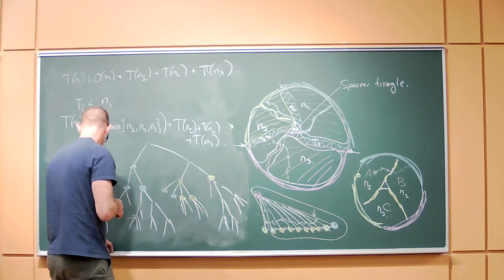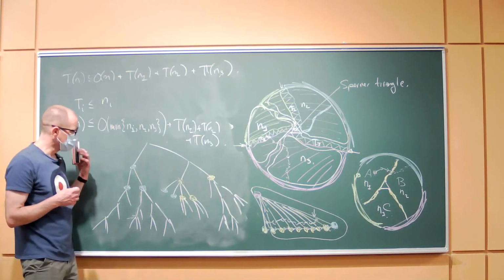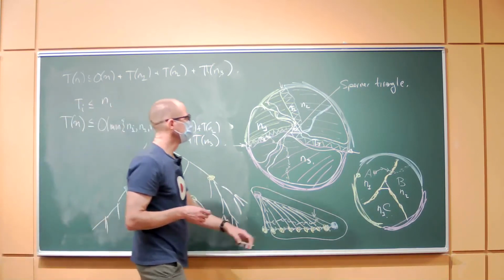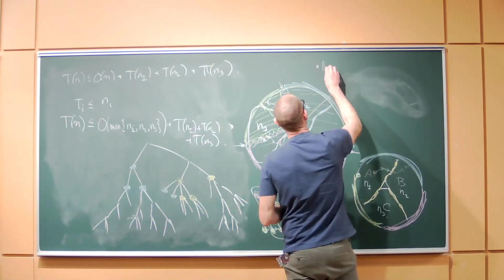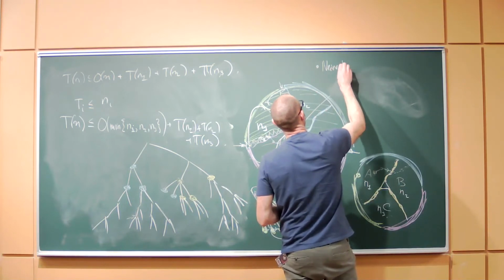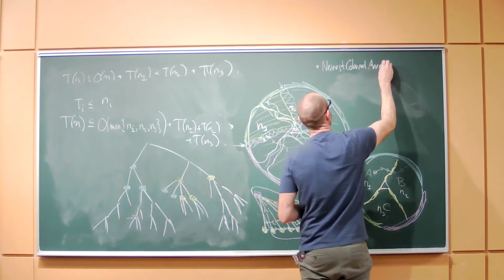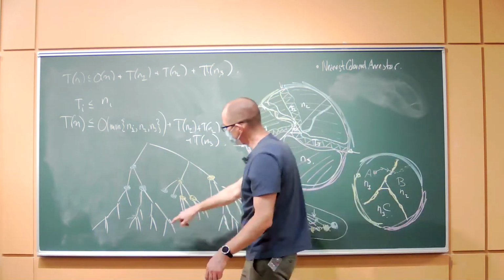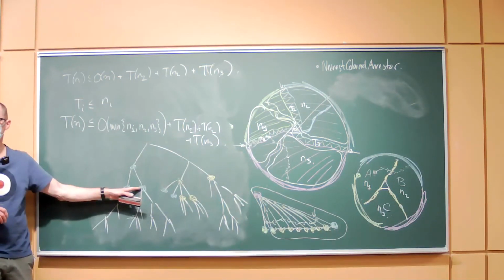So that sounds good, right? The first sort of thing is this query, which is the nearest colored ancestor. You give me a node in the tree that's not colored, and I want you to quickly tell me what the closest colored ancestor is.